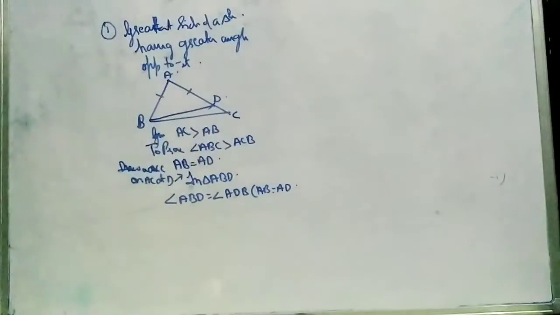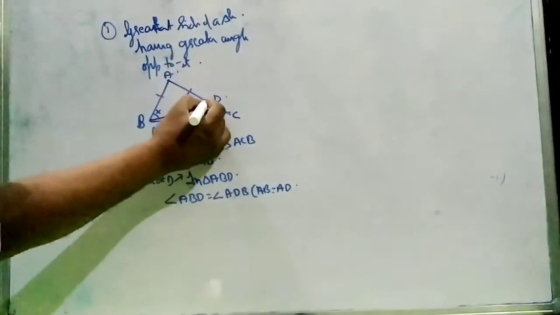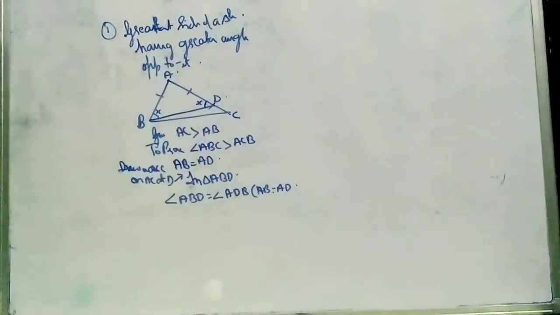Isosceles triangle. If in a triangle two sides are equal, the angles opposite to them are also equal. So if this angle is x, this will also be x.